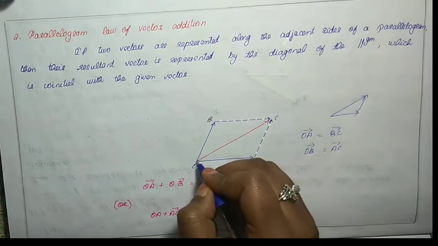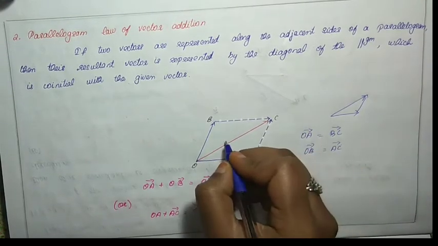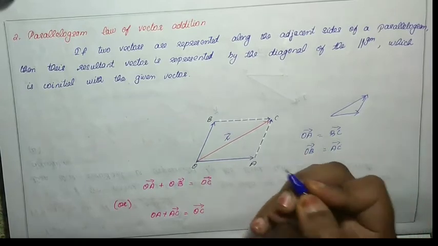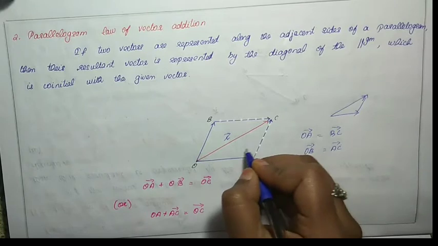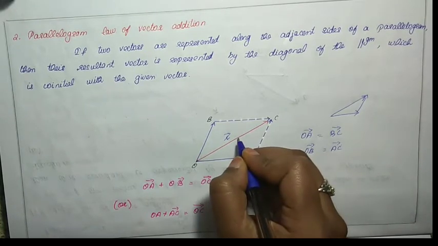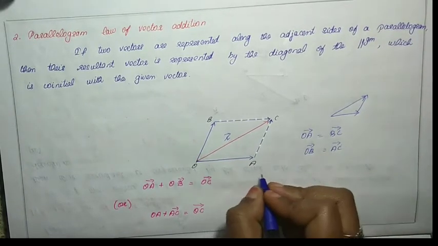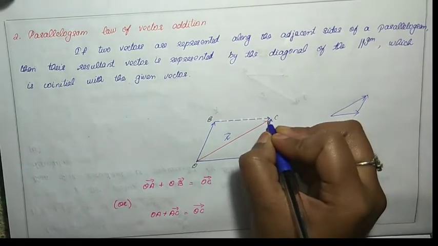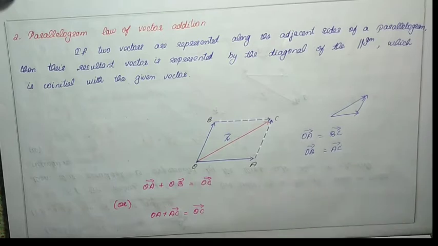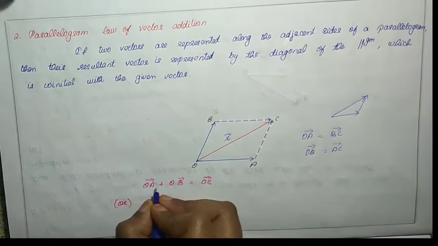So I join these two points and say that this is my resultant vector R, and the sum of these two is R vector. So OA vector plus AC vector will give me this resultant vector, which is a diagonal for this parallelogram. Okay, so that's what I have written.